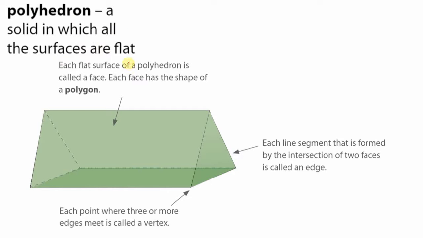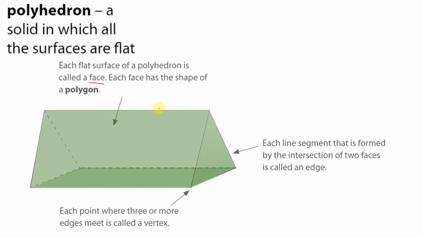So a solid in which all the surfaces are flat. We call these various surfaces the faces of the solid. So here's a face, on the side is another face, here's another face, at the bottom is a face.